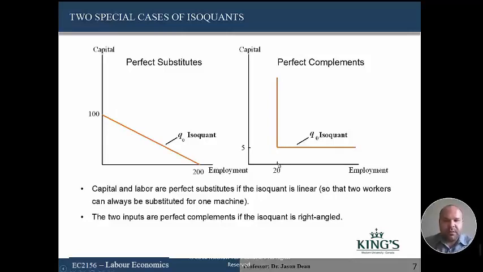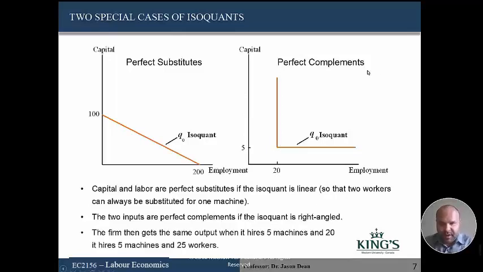So if you use more labor but don't increase capital, you're not going to get any more output. Okay, same thing. If you use more capital but don't change your level of labor, you're not going to change output. Okay, so this is perfect complements. This is what an isoquant would look like. On the left, you have what an isoquant looks like for when the inputs are perfect substitutes.